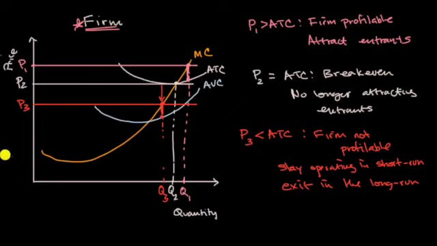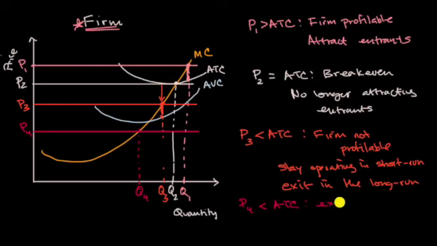And of course, you have another even worse scenario for this firm, which might be down here, where you have price sub 4. Here, in theory, this is where we intersect the marginal cost curve, Q sub 4. Now here, it makes no sense for the company to operate at all. Because P sub 4 is less than the average total cost, you would want to exit the market in the long run.